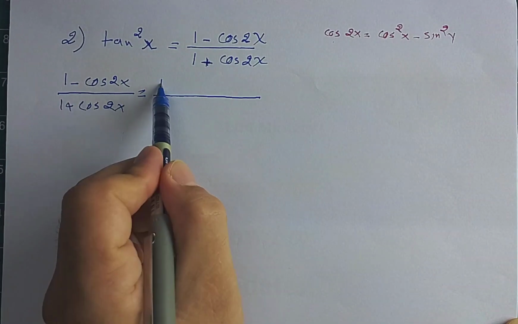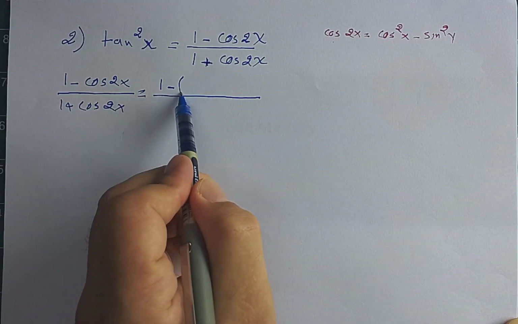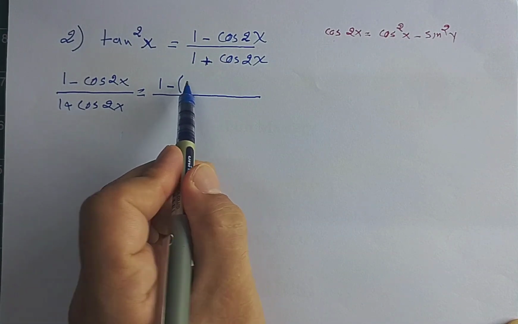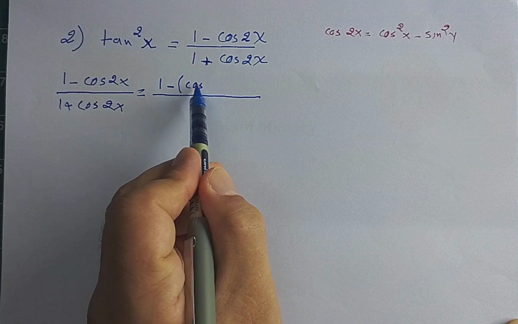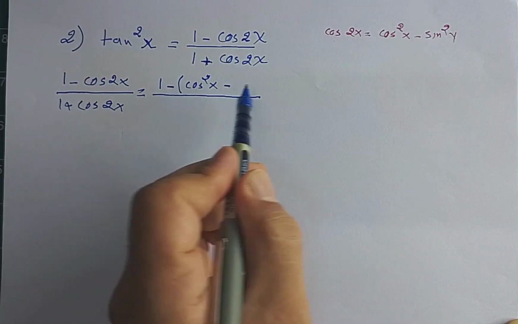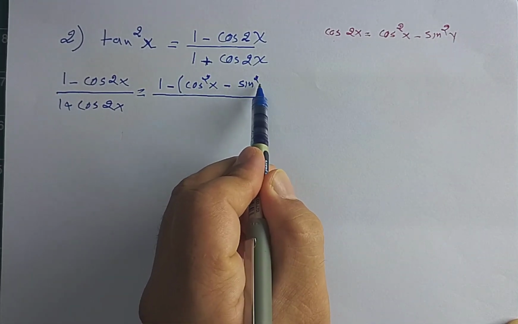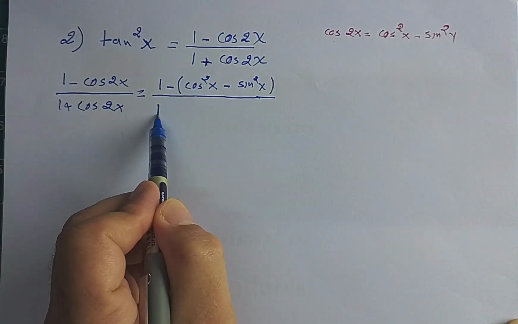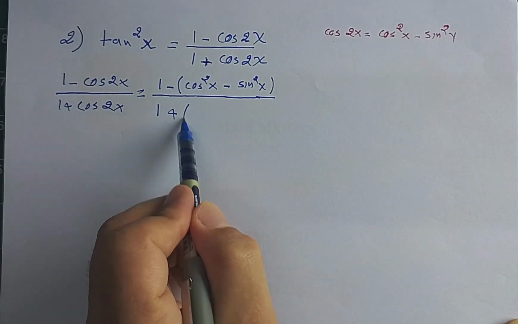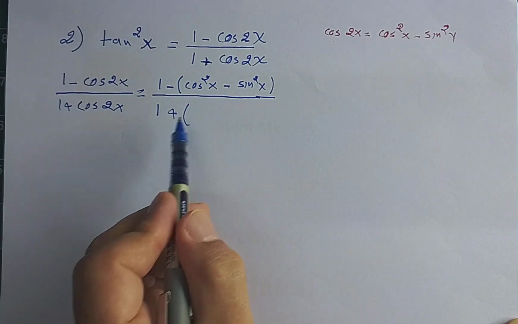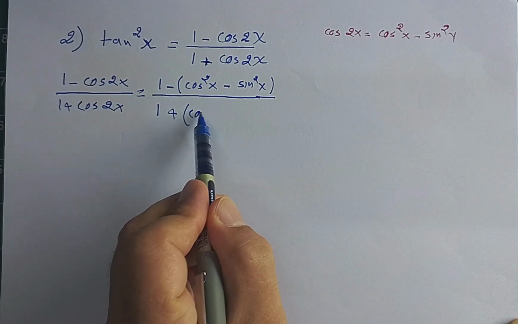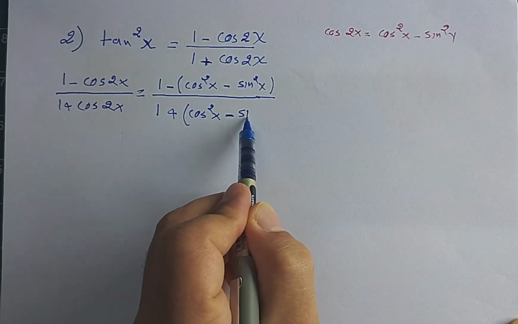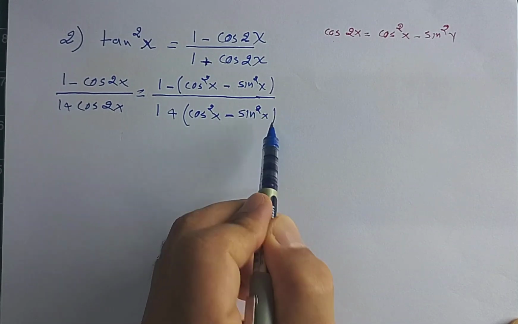here we have 1 minus, open the bracket, and instead of cosine 2x, I write cosine square x minus sine square x. Okay? 1 plus, also, instead of writing cosine 2x, I write cosine square x minus sine square x.